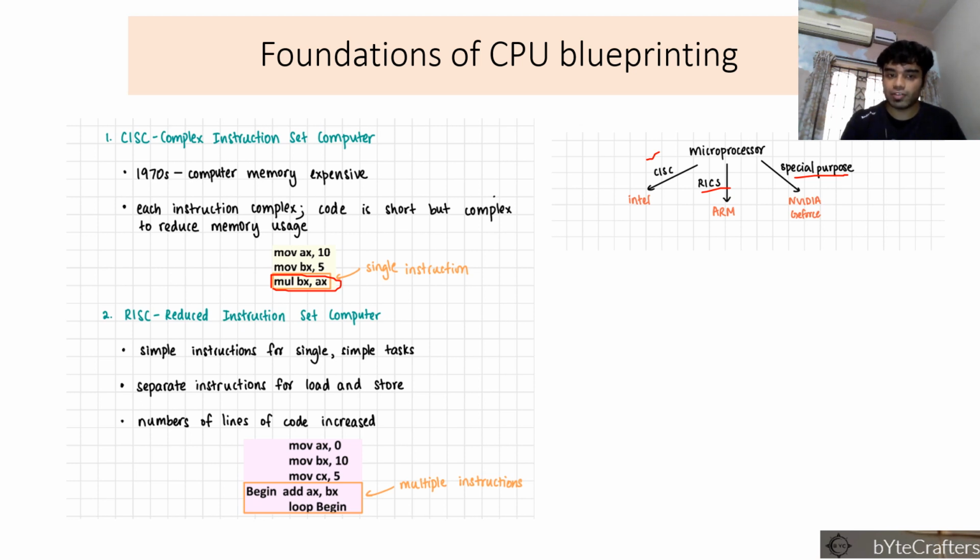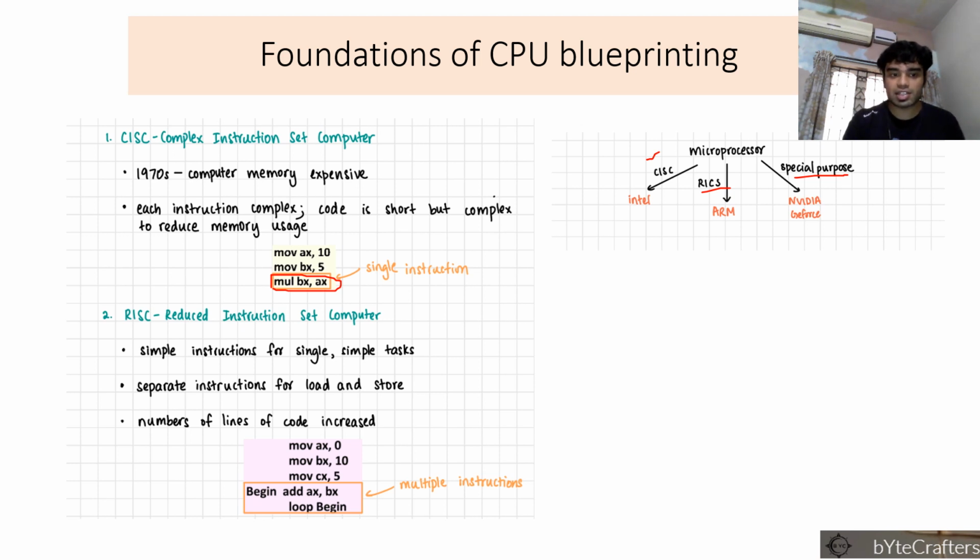AX is multiplied with BX and stored inside BX. So this entire instruction is telling you so many things, right? First, you take the value 10 from AX, then you take the value 5 from BX, and then you multiply them and store the value inside BX.